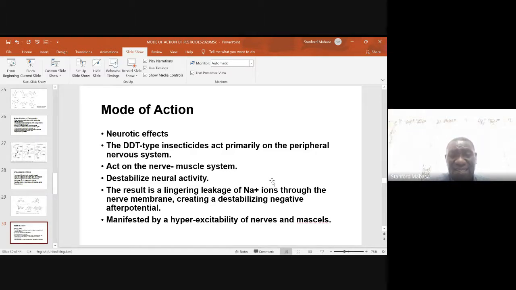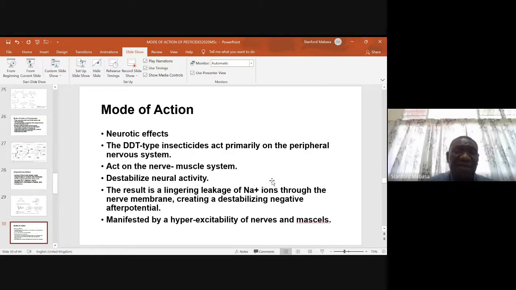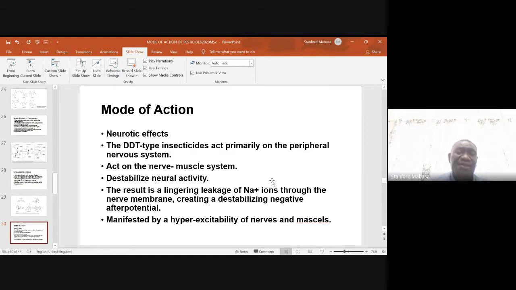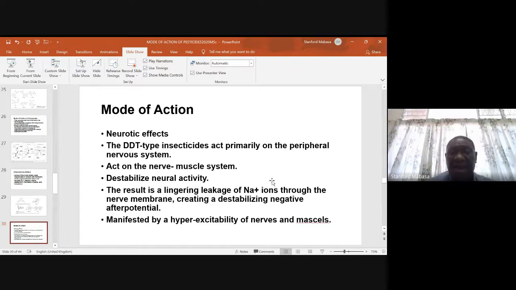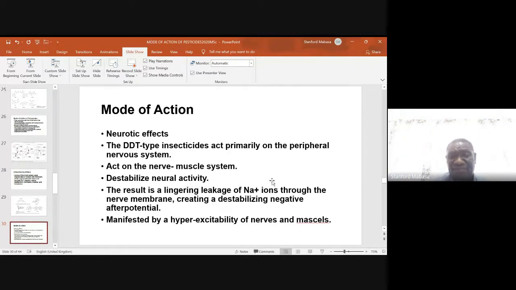It is this leakage which creates a destabilizing negative after-potential. So the presence of DDT will cause leakage of sodium from the nervous system. As a result, the insect becomes excited. So it is this excitement which eventually kills that insect, or what you can call hyper-excitability of nerves and muscles.